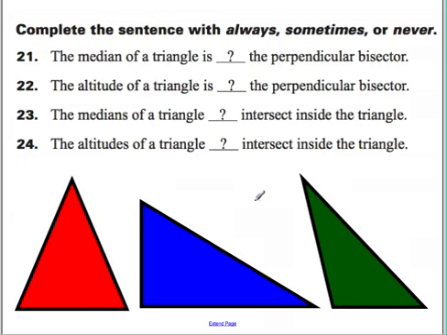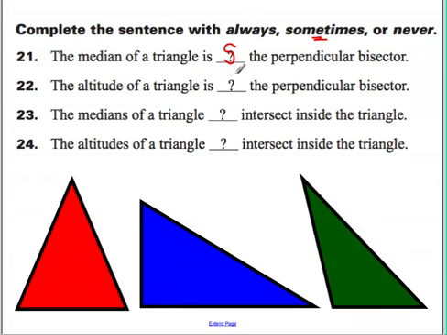So the median of a triangle is the perpendicular bisector. Well, that happens sometimes, right? It does happen if we're dealing with an isosceles triangle or an equilateral triangle, but it's not always the same thing. So I'm going to call this one sometimes. The altitude of a triangle is a perpendicular bisector, always, sometimes, or never.